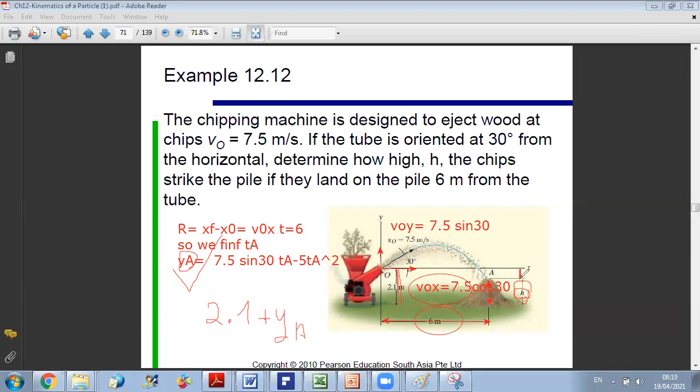And this distance is the absolute value of ya, okay? This is why, since ya is negative, I put here plus ya, since h is smaller than 2.1. So this will allow me to calculate the height at A, okay? Any question for this problem?